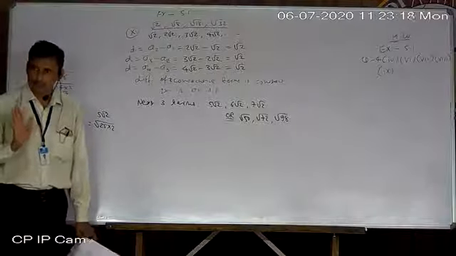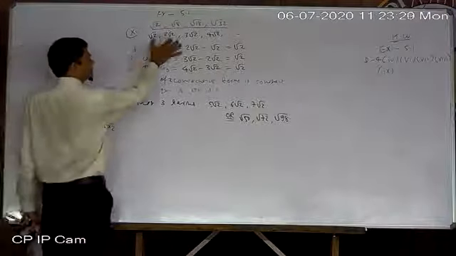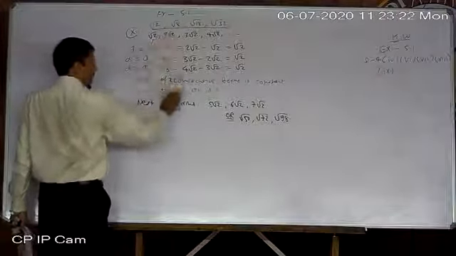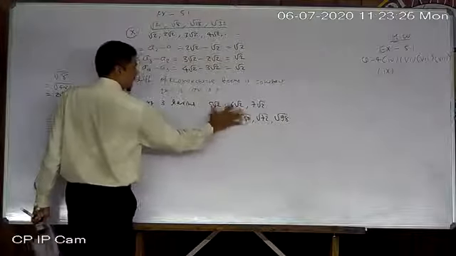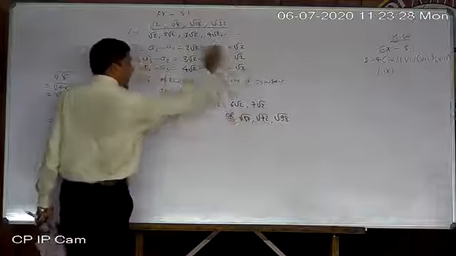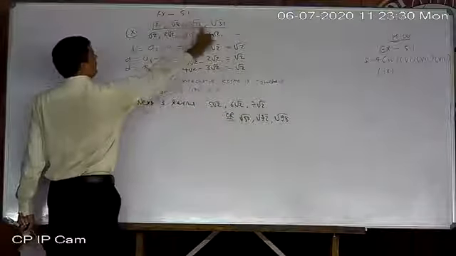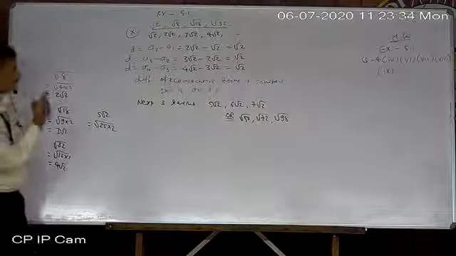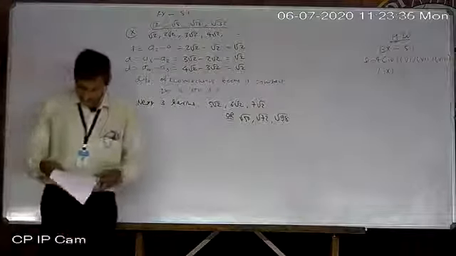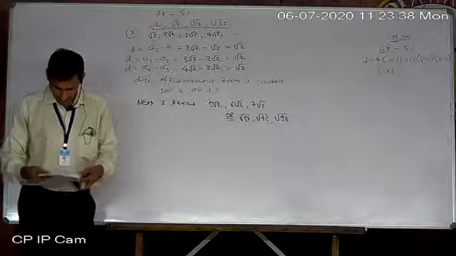So keep in mind, this is a must. Without this step, we cannot write even a single step here. But after writing this, you can give your final answer in the given form also. This is quite a new sum, remember it. It is quite different from the remaining ones.